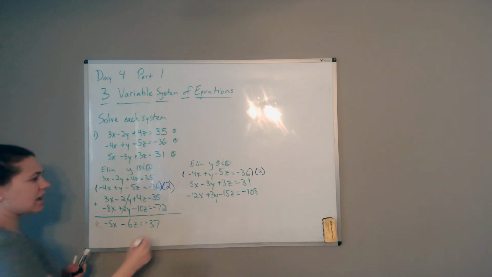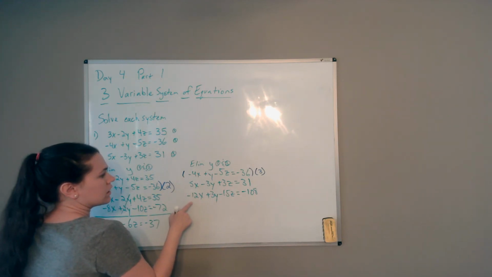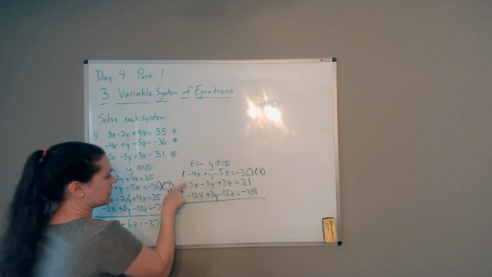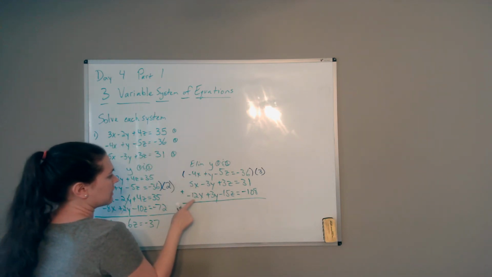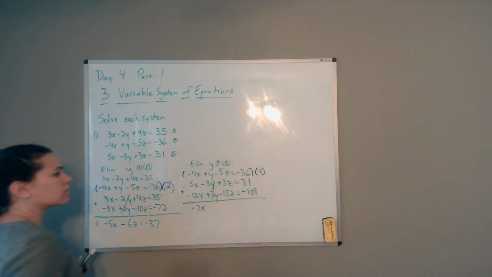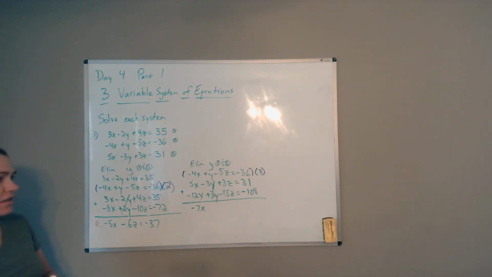And now we need to add that with the second equation that we have written in this set here. So 5x minus 12x gives us negative 7x. Okay. Your y's are going to cancel there, okay?